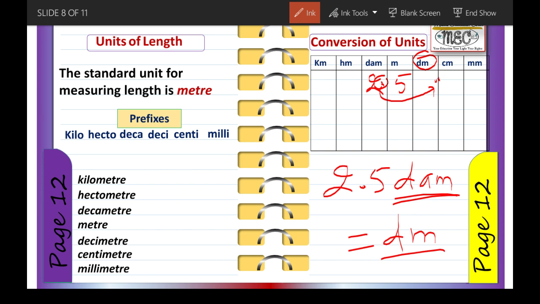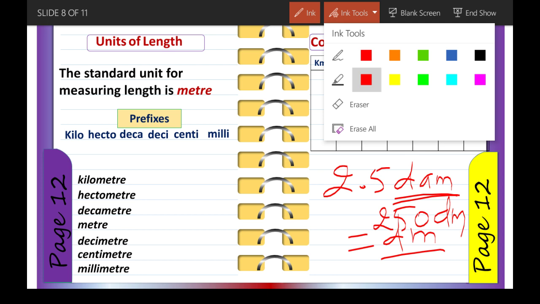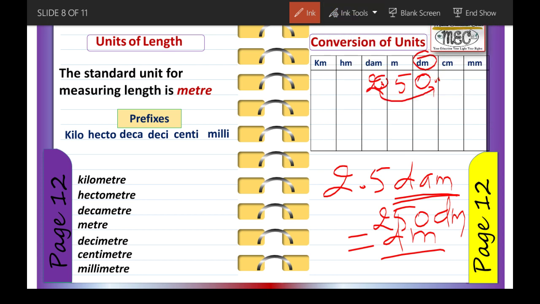And what next? Because under decimeter there is nothing, you are going to add 0. And then you will see that this one is equal to 250 decimeters. You can have another example. Remember that we don't write your answer with a decimal point, because after the decimal point there is nothing. So that is why we are not putting the decimal point there.